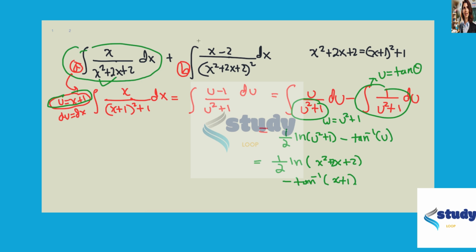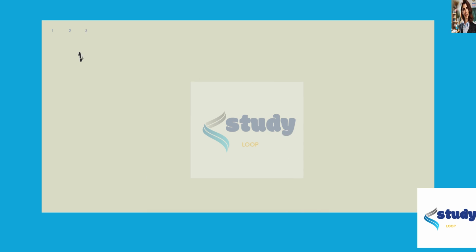Now we'll have to deal with this one. So let's go to the next page to start that. So we had x minus 2 over x plus 1 squared plus 1, and that's also squared. It uses the same u sub as before.